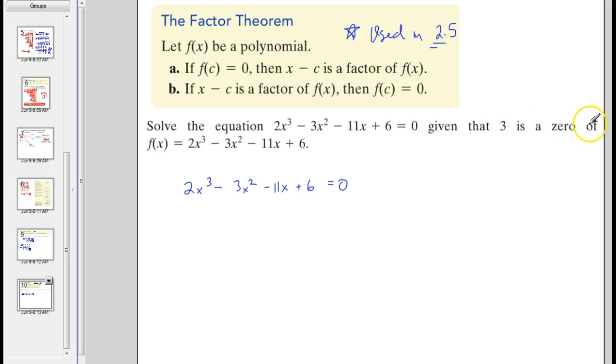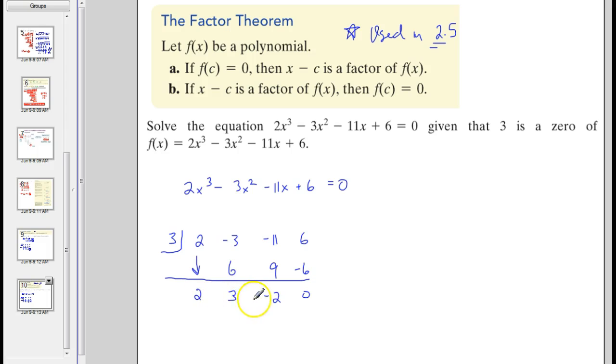3 is a 0 of this thing. So since 3 is a 0 of this thing, that means that if I plugged 3 into the synthetic division and took this part right here, 2, negative 3, negative 11, and 6, and then did synthetic division: 3 times 2 is 6, add, I get a positive 3, 3 times 3 is 9, add, I get a negative 2, 3 times negative 2 is negative 6, add, I get 0.